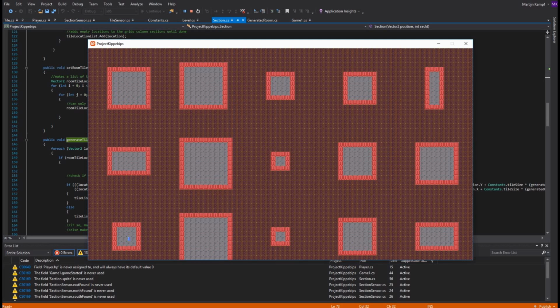These sectors are made when I generate the level, and it sets whether it's a wall, a floor, or a rock. That's going to be the tile inside the sector at a certain position. Hence you get all these rooms in different shapes and sizes.